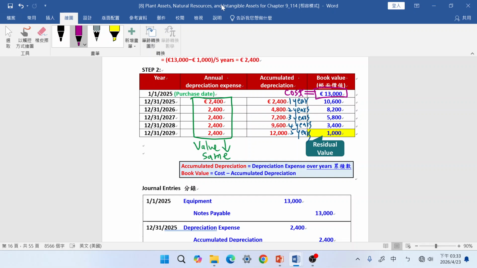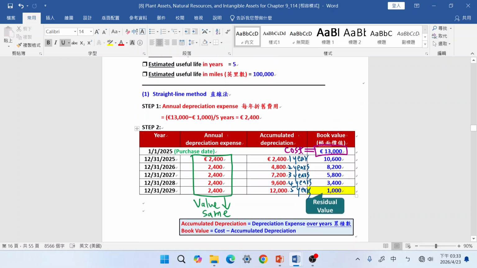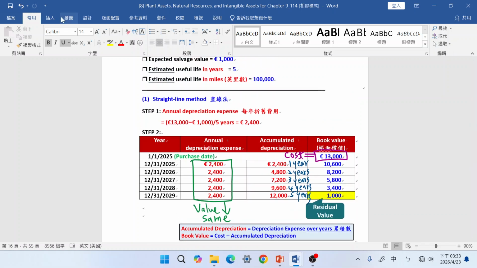Okay, are you done? So, remind you one thing. You spend much time to prepare this table, right? So since you prepare this table, all the numbers right here, you can use them to do the following things. So what are the following things? You know, the annual depreciation is a 1 year number, right?